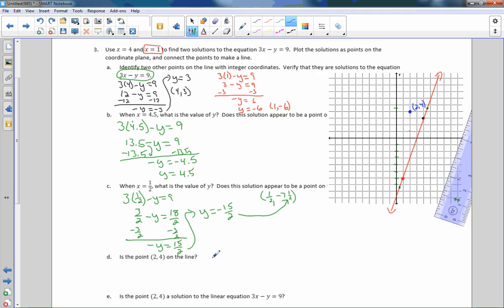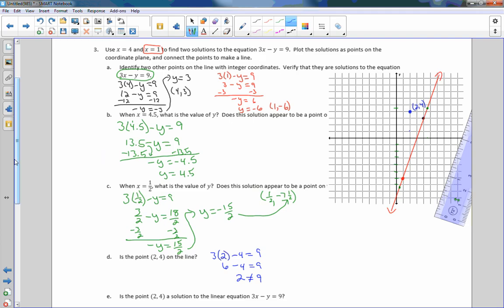And I'm going to check it algebraically. 3 times x minus y has to equal 9 if it's going to be on the line. 6 minus 4 equals 9, and 2 obviously does not equal 9. So if these are not equal, this point is not on the line.